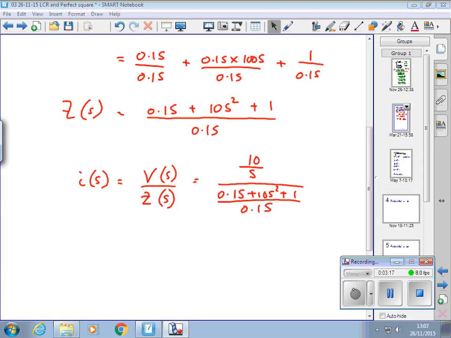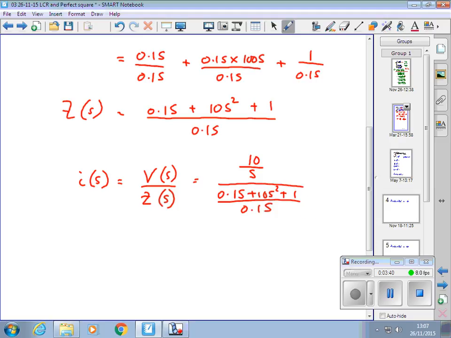What we do now is we look at this bottom fraction, and we've got one fraction, 10 over S, that we're dividing by another fraction. So what we do is invert the bottom fraction and multiply. That's the trick, and it's always the same.